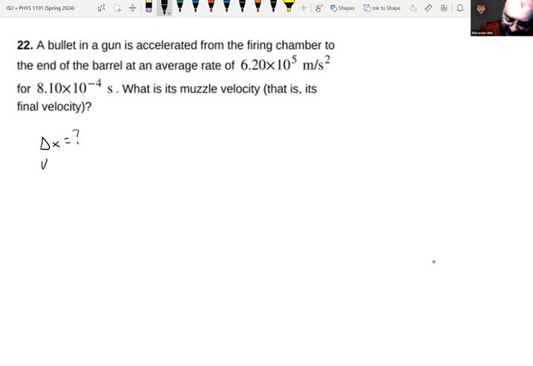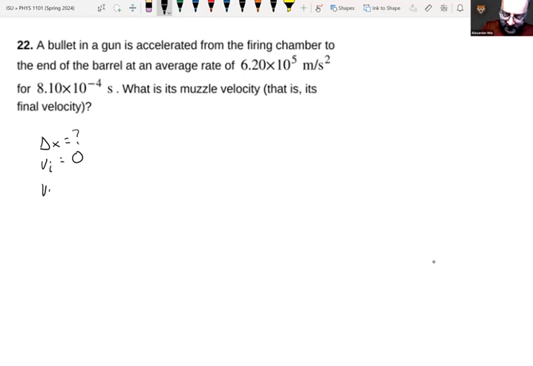What is V initial? Now, here is the thing. This isn't actually told to us, but it's something we can infer, and it's important to be able to do this in physics problems. Is the bullet initially moving? It's not. When you fire a gun, the bullet is not initially moving, so your initial velocity would be 0.